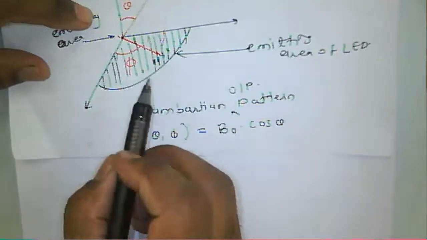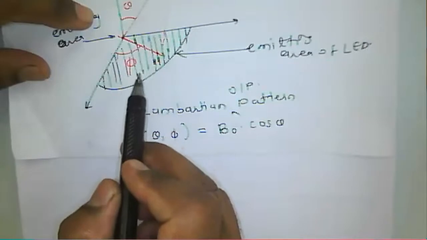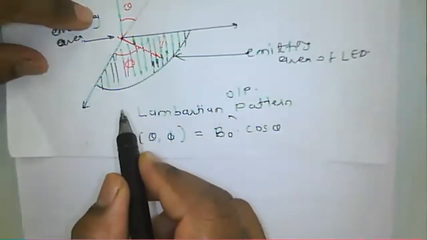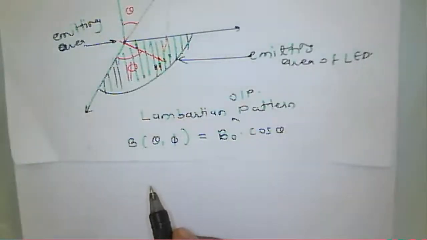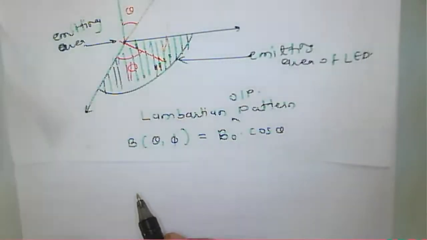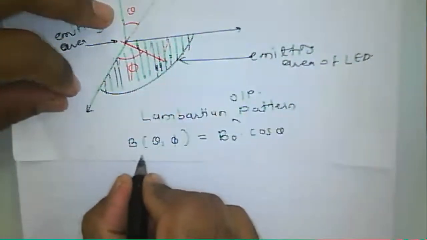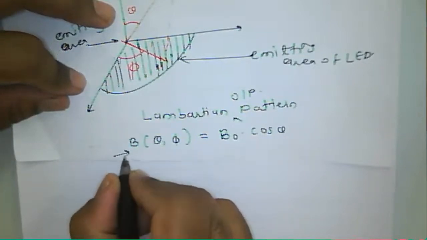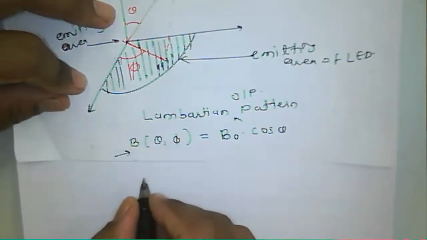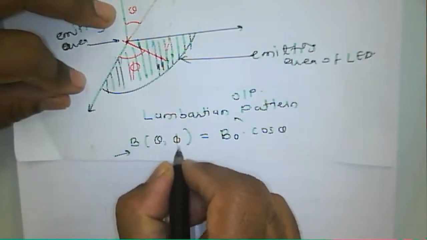So this theta is nothing but the angle in the projected area of this emitting area. Then the emission pattern, or the radiation in this particular theta and phi, the radiance, is B of theta comma phi.